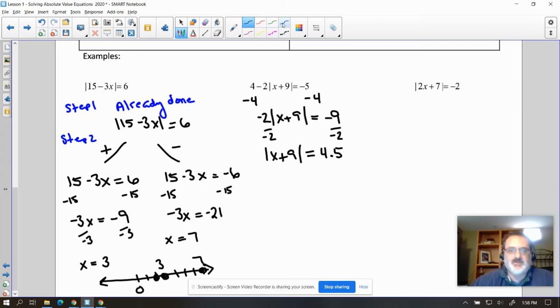All right, step 2 is to split into a positive and a negative case. So x plus 9 equals 4.5 and x plus 9 equals negative 4.5. In this case, we're going to subtract 9 from both sides, and x equals, we say, negative 4.5.